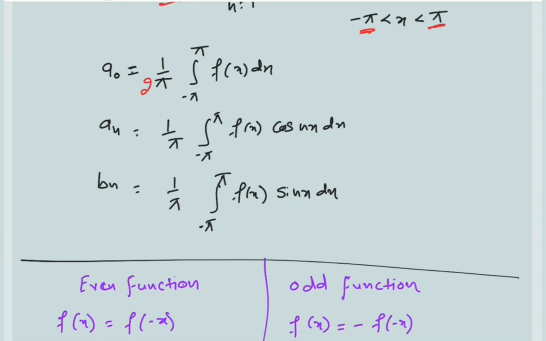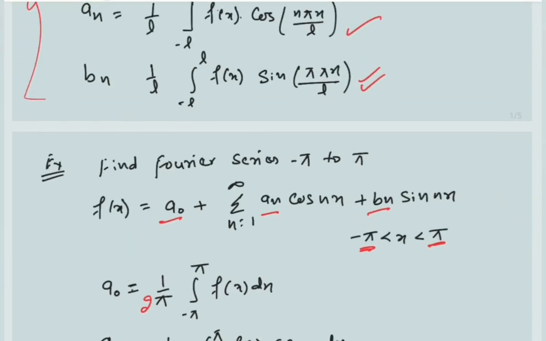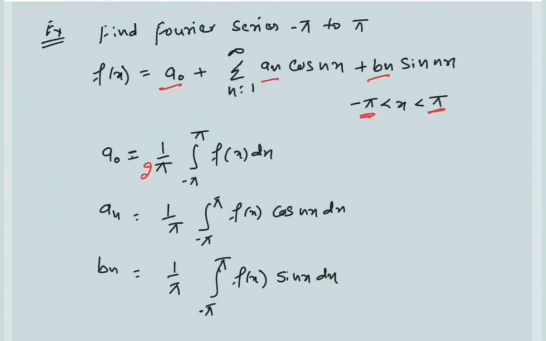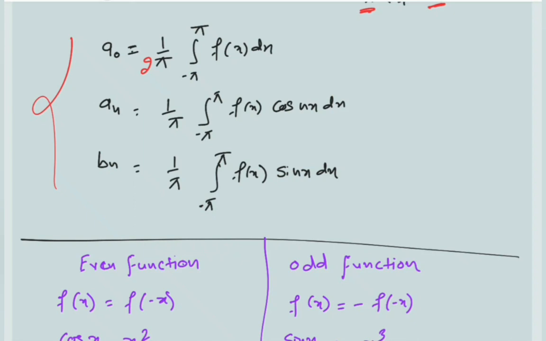A_n is equal to 1 by pi integral from minus pi to pi of f(x) cos nx dx, and b_n is 1 by pi integral from minus pi to pi of f(x) sin nx dx. So we just put the value of pi in this expression, and we will get the Fourier series expansion f(x) like this, and the constants a naught, a_n and b_n like this.